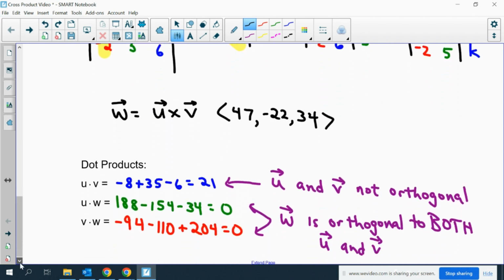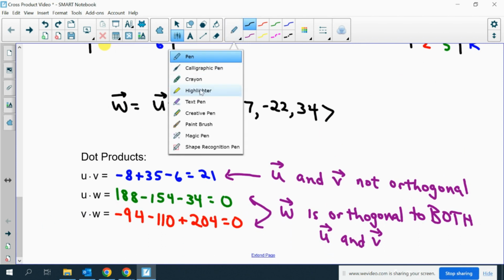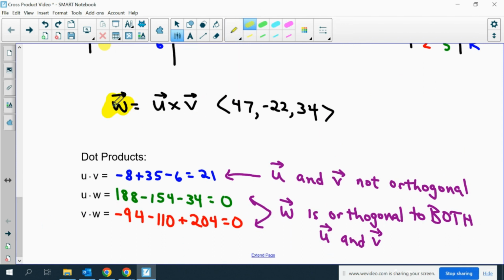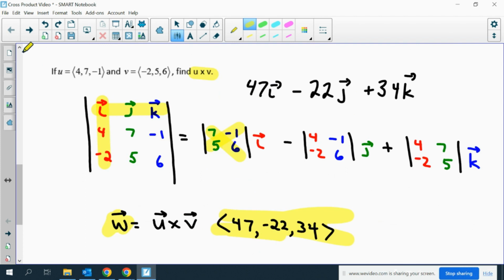But the new vector w is orthogonal, so this new one is orthogonal to both u and v. So notice that the dot product in both cases ended up being 0. Because that's the case, this new vector, 47, -22, 34, is perpendicular to this one and perpendicular to this one.